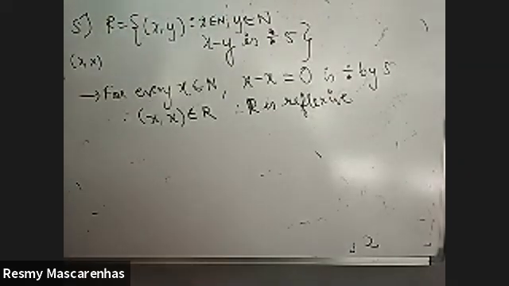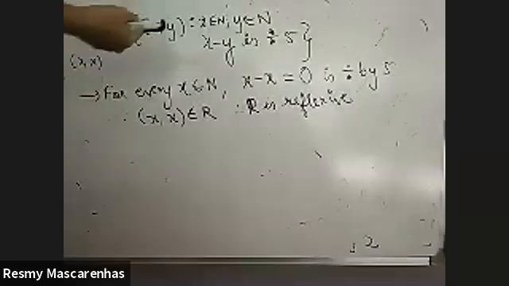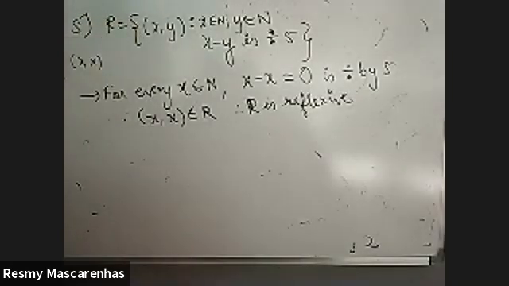Second one, what you have to do: check if x minus y is divisible by 5, then whether y minus x is divisible by 5. You know that obviously, even if you reverse it, it will be the negative answer, but still you can divide it by 5.